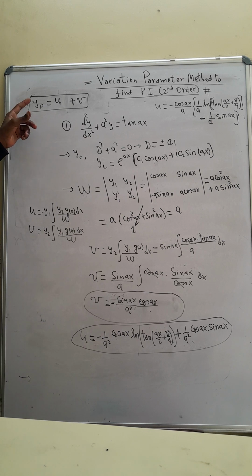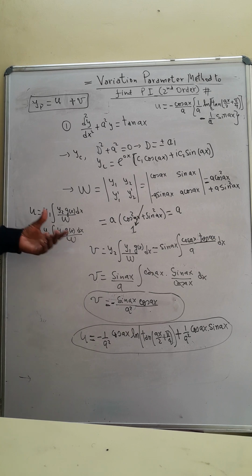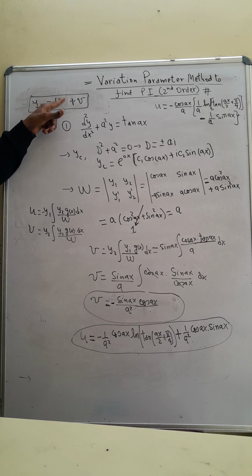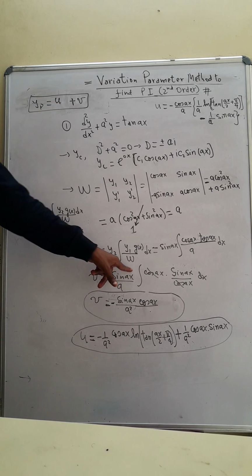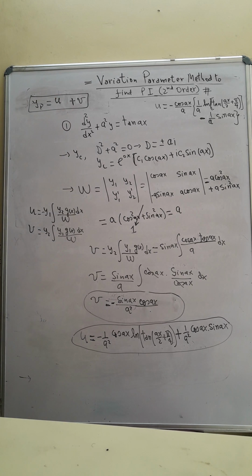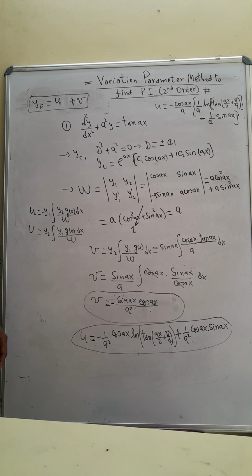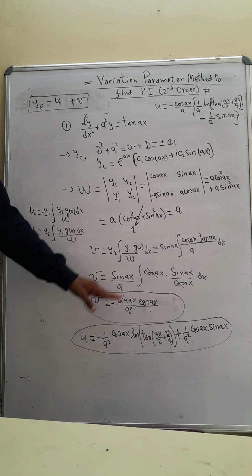So yp will be directly v plus u. Okay, no need to put any more like this one, because I have already just multiplied this one to this, so no need anymore. So v plus u will be your yp. Just add them both.